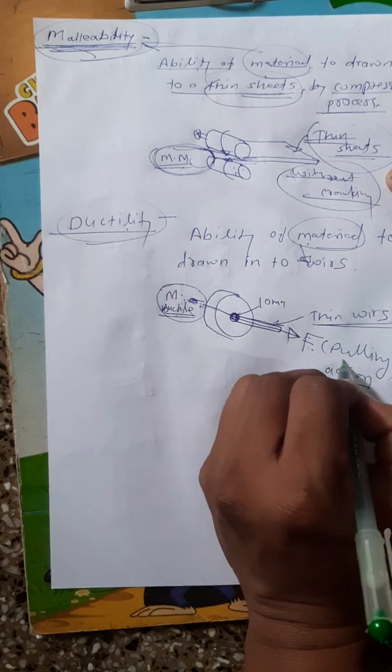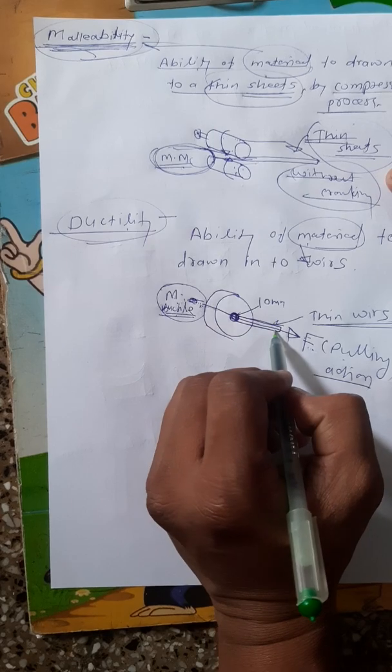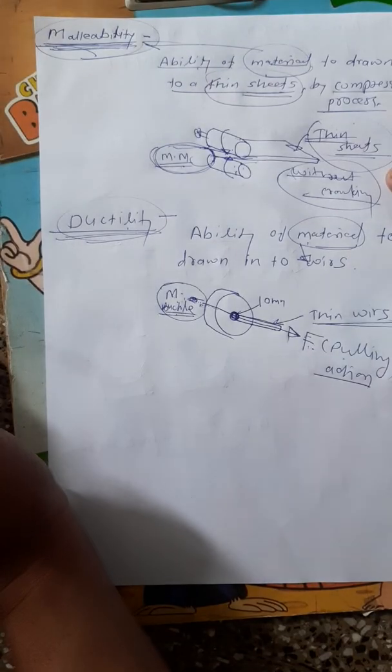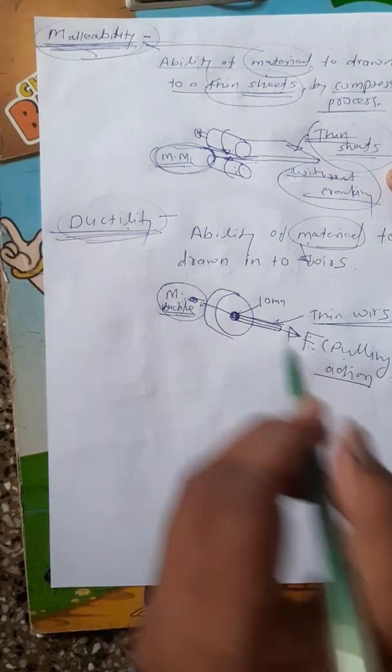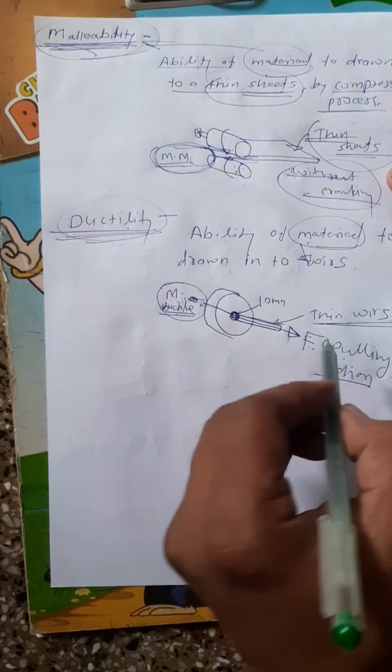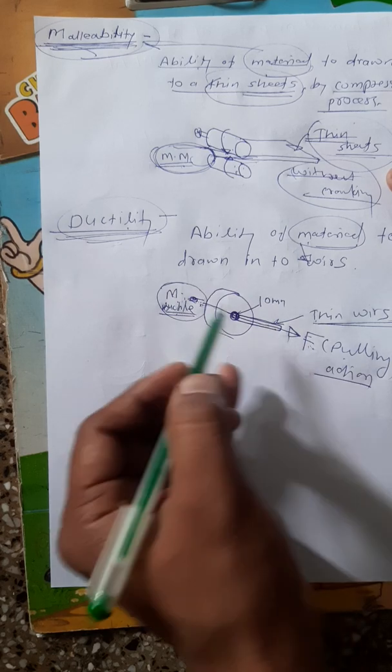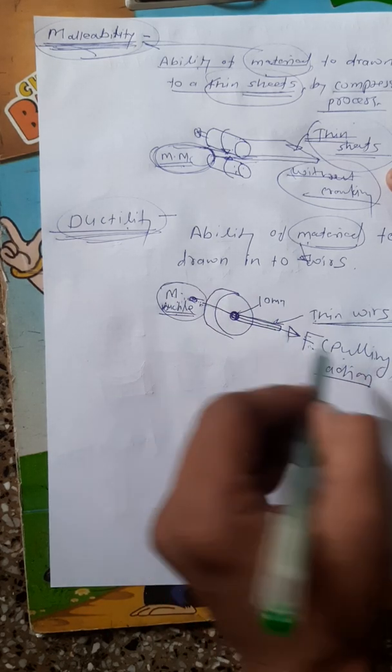Under pulling action, the material comes into thin wires. That phenomenon is called ductility of a material. Materials get converted into thin wires by pulling action, by tensile action.